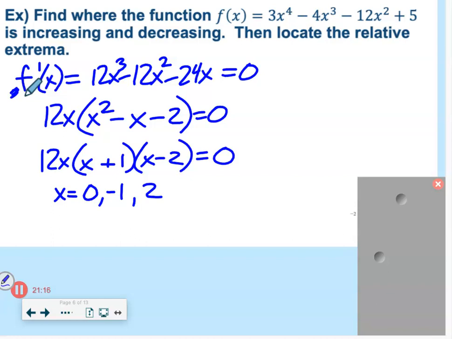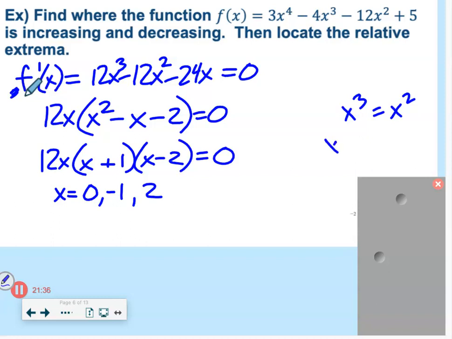One of the biggest mistakes that calculus students make is dividing out a variable. And you know where it happens the most often? If you have an equation, something like x cubed equals x squared, people want to divide an x squared out and just get x equals 1.